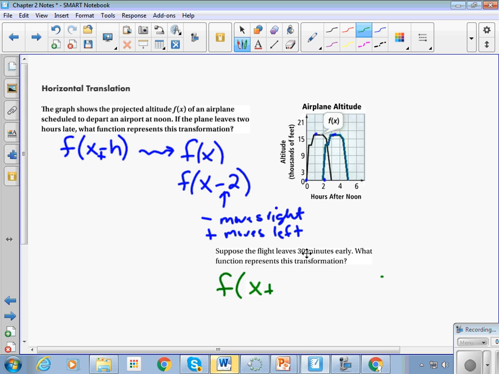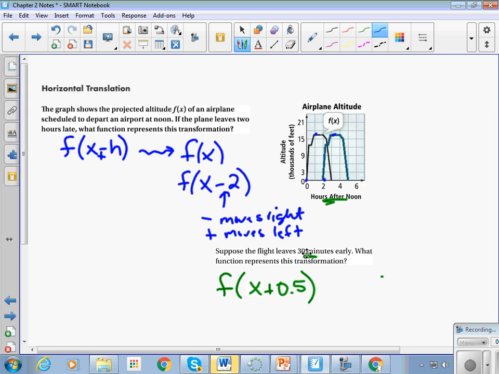Where are they trying to get you? Right, it's in minutes. We are here in hours. 30 minutes is how much of an hour? Half. So we're going to add 0.5 to each of our x values. And then it's going to shift this entire function back a half an hour.